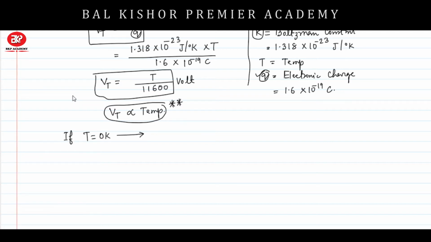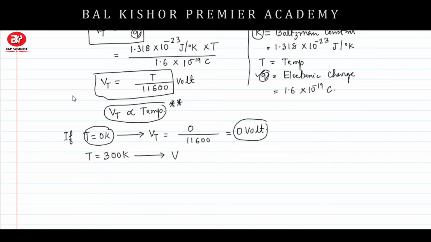At 0 Kelvin, Vt will be 0 divided by 11,600, so it will come out as 0 volt. Similarly, at room temperature, which is 300 Kelvin, the thermal voltage Vt will be 300 divided by 11,600.